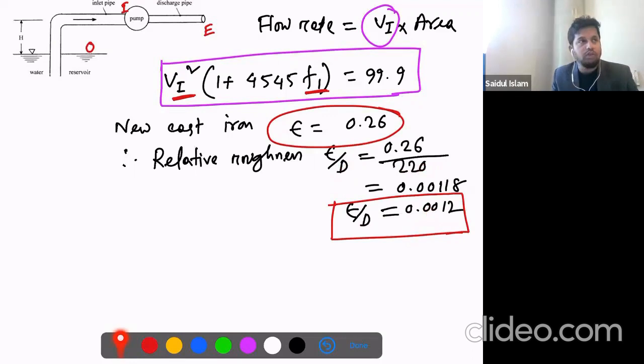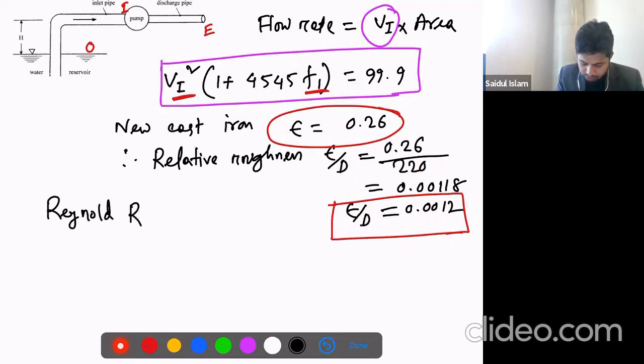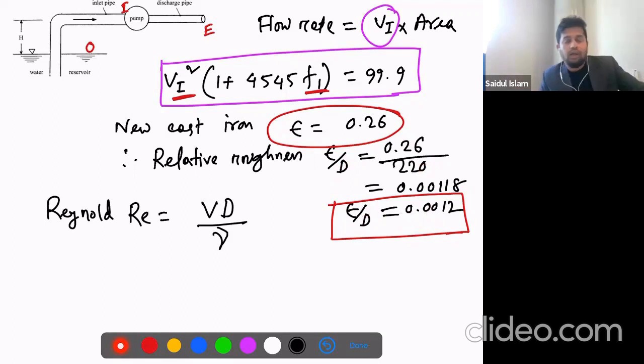Now if we want to use the Moody diagram, guys, then apart from this value we need the Reynolds number, right? The Reynolds number is the velocity, diameter, and kinematic viscosity. This is the definition of the Reynolds number. So the velocity means this is actually the velocity of the pump inlet, which we don't know. We are looking for that. So this is a complicated scenario now.